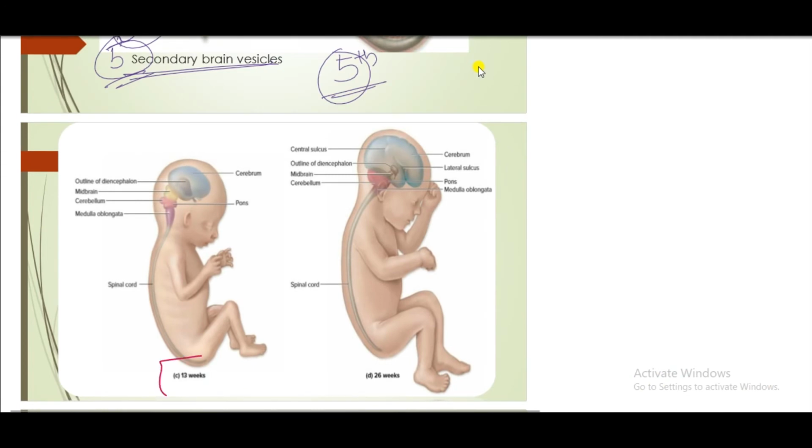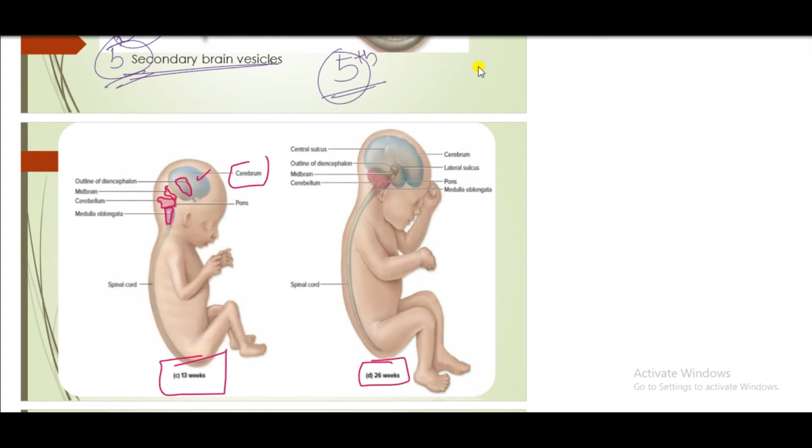Okay, in the 13th week you can see the development of cerebrum here, and the outline of the diencephalon, the midbrain, and the cerebellum and the pons, and finally our medulla oblongata.